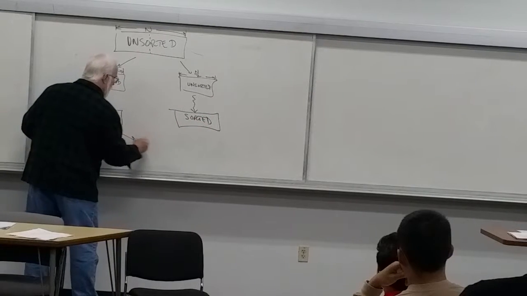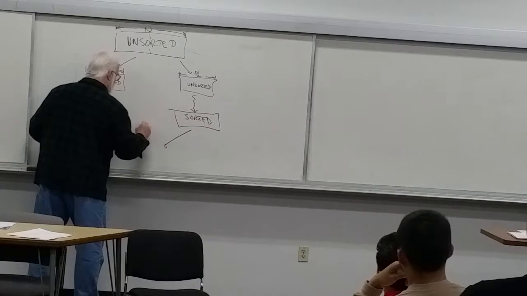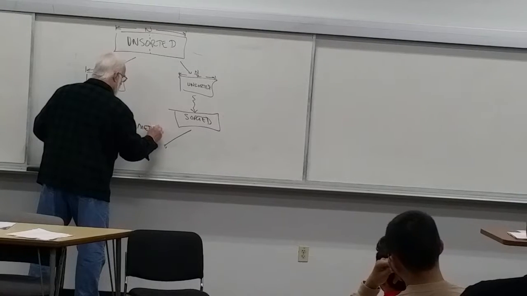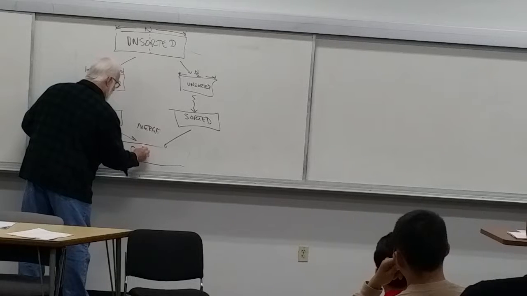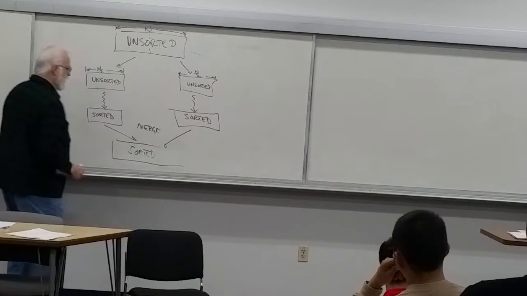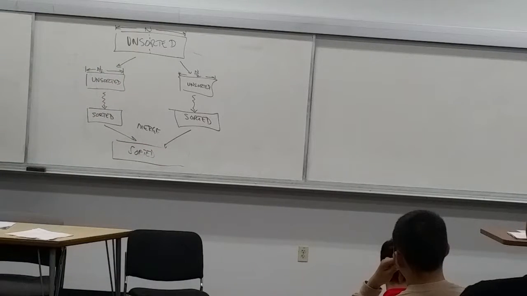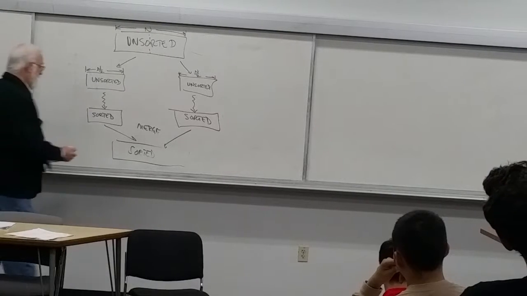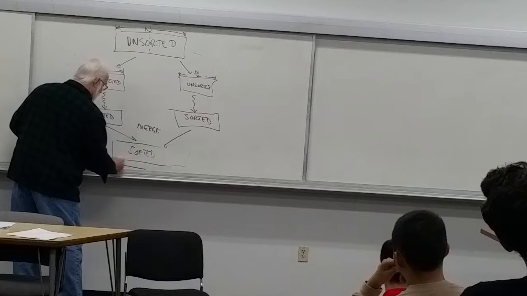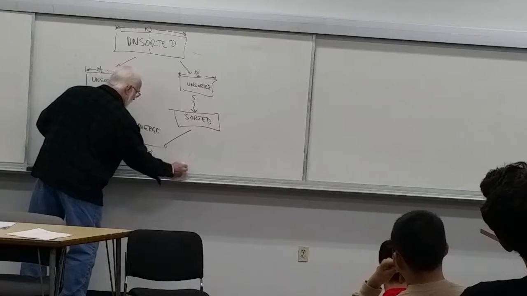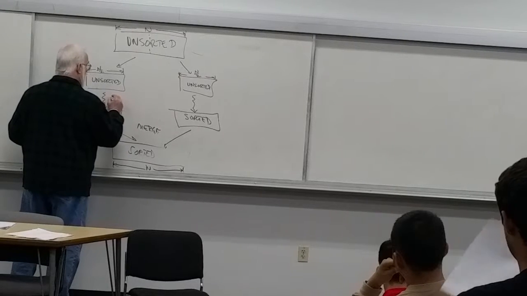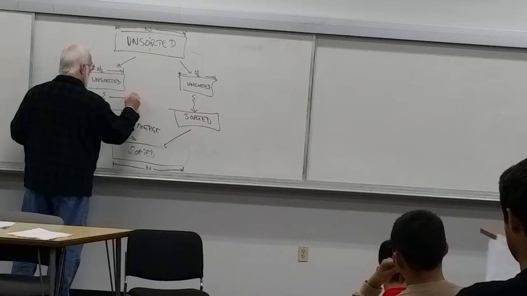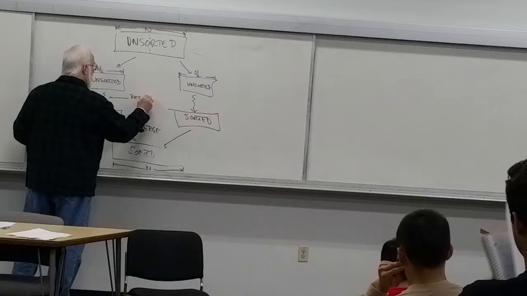And then a conventional merge is used to combine those two half-size arrays back into the sorted original, and this is again of size n. This part right here is the recursive sort.